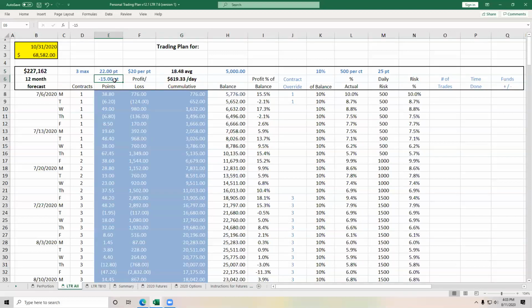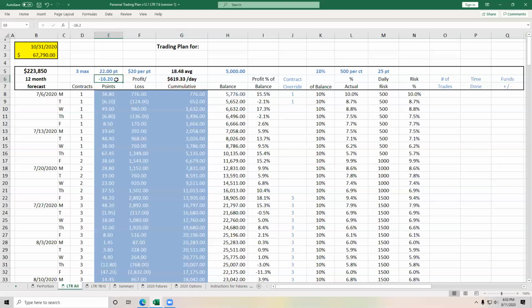And our losing days are averaging, actually, sorry, 16.15 points losing. So I'm going to increase my losing plan to 16.2, just so I have a very realistic forecast.